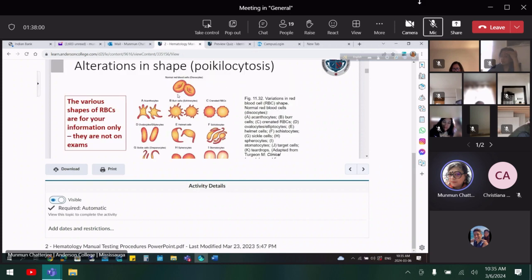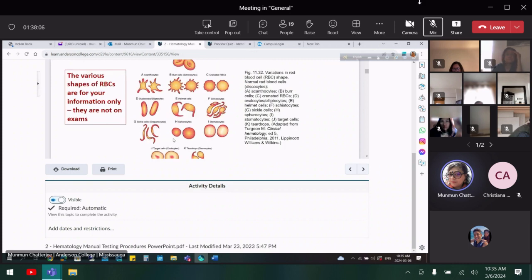In general, the RBC looks like a biconcave shape. Okay, discocyte, like a disc. Then you can see how sickle cell anemia looks like. It's very distinctly different. Spherocytes: when they lose the biconcave shape, they become round.